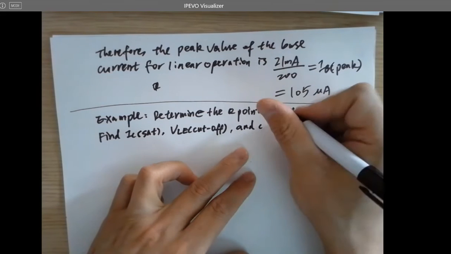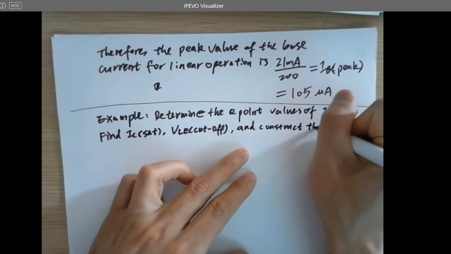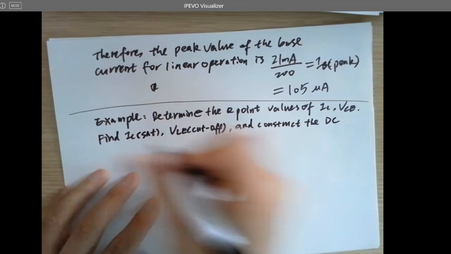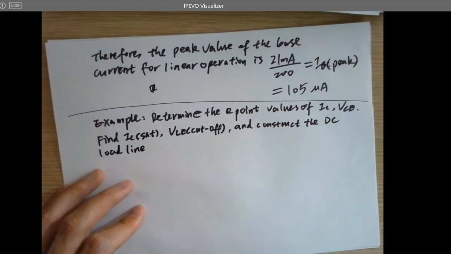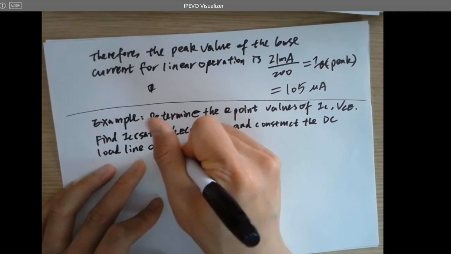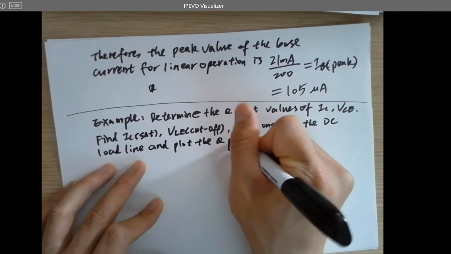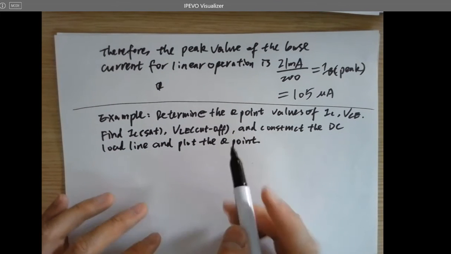Just draw the DC load line, and plot the Q point, or just label the Q point on the load line.